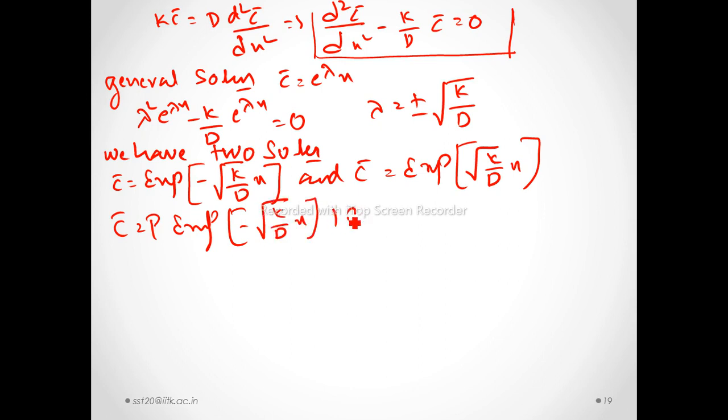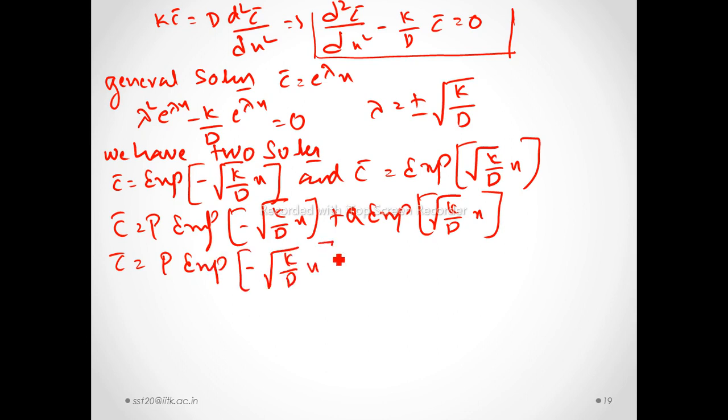So c bar equal to p into exponential of minus root k by d into x plus q into exponential of root k by d into x. Then from here q is equal to 0. Then we can write c bar equal to p into exponential of minus root k by d into x.